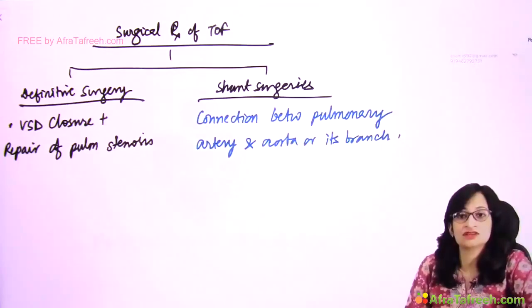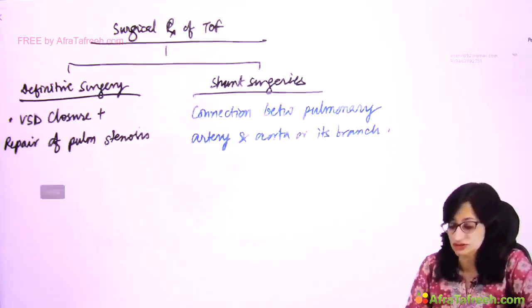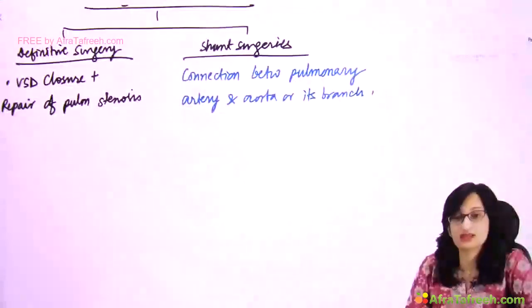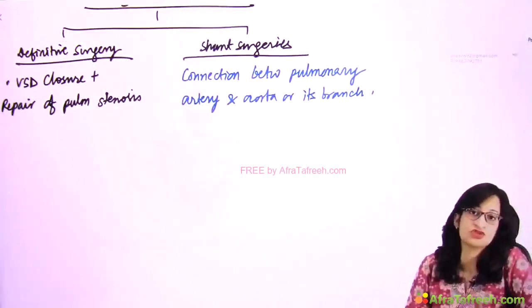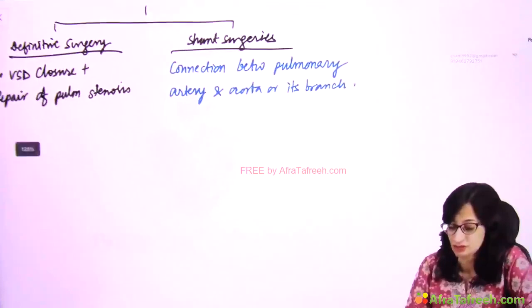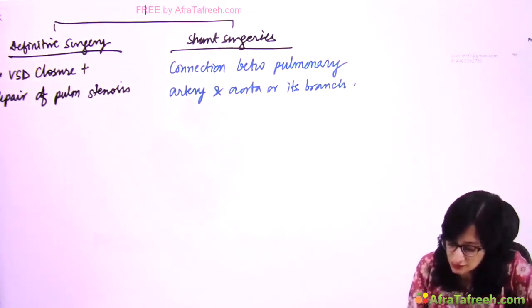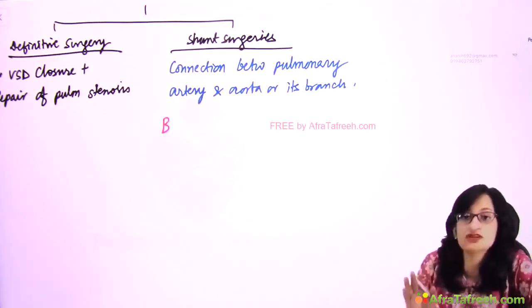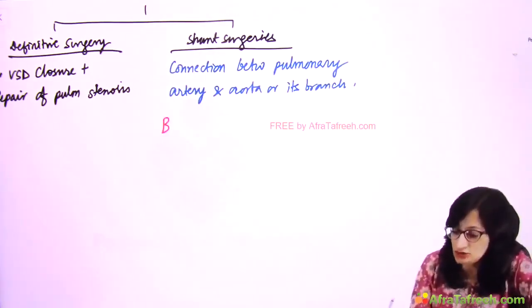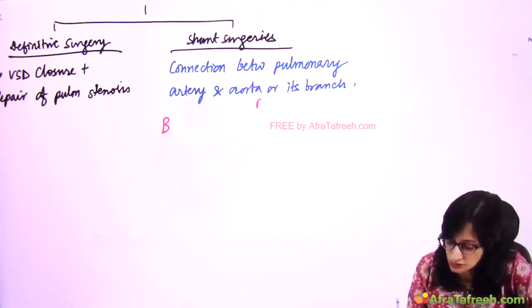There are some examples of shunt surgeries which are often asked in the questions. Like recently in the JIPMER exam, a question was on which two structures the Pott shunt connects. So each of these shunts will connect pulmonary artery to aorta or its branch.